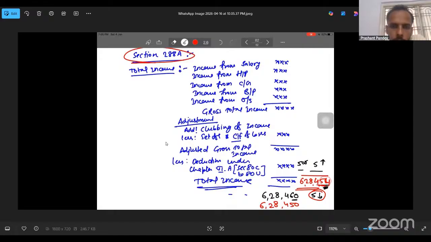This is to neutralize and not to overburden the taxpayer. If we don't do set off and carry forward of losses, it would be like burdening the taxpayer. Just to not overburden the taxpayer, this mechanism is there.